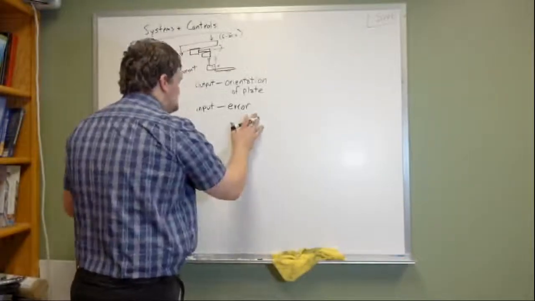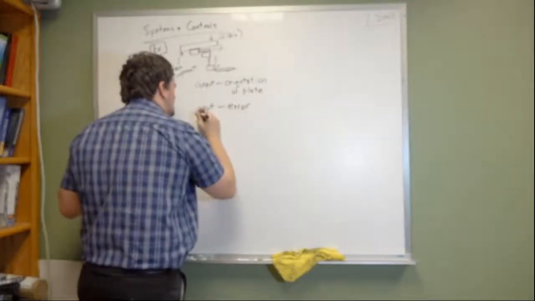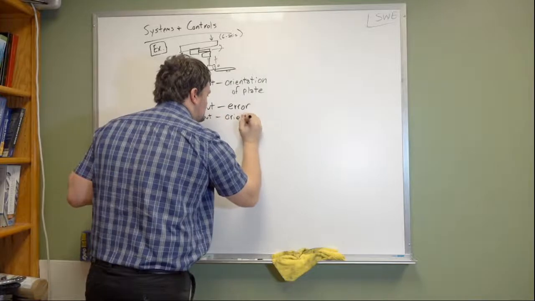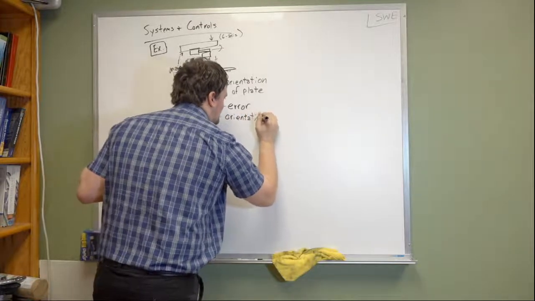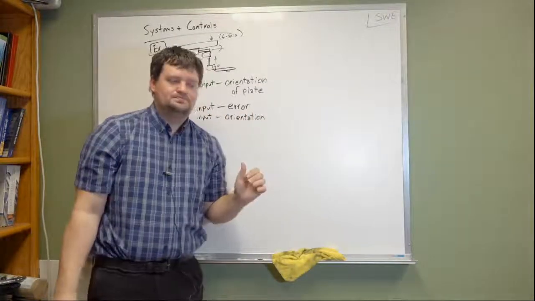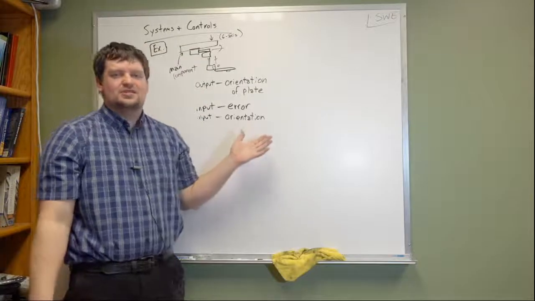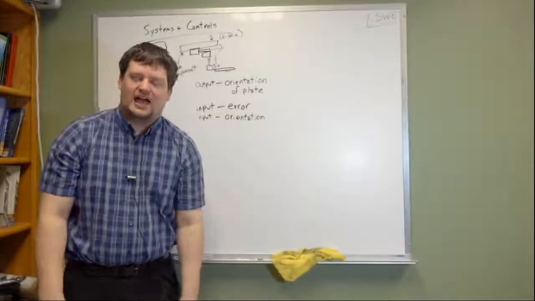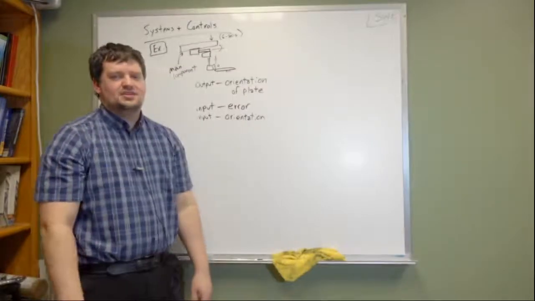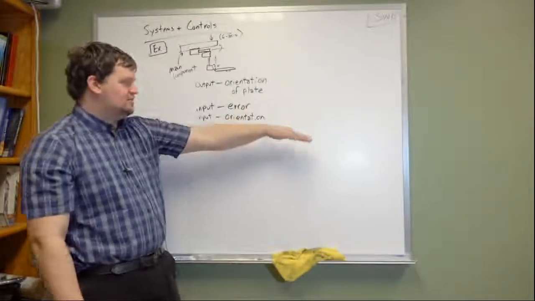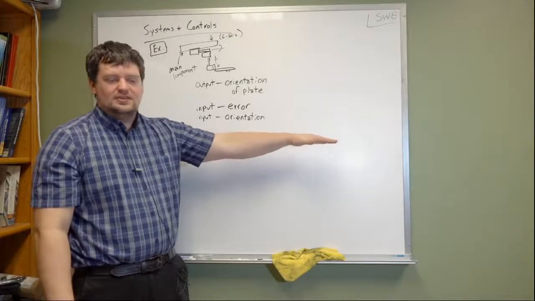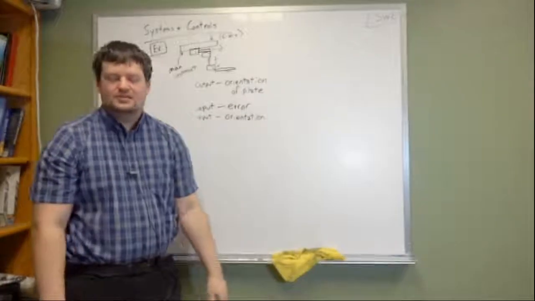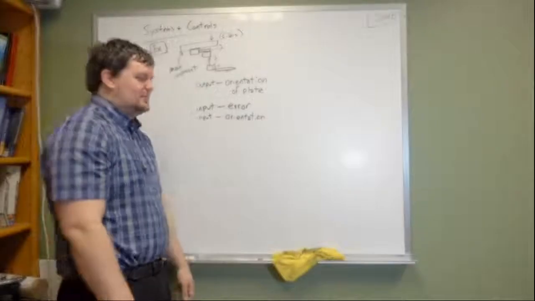So not only is there an input of error, but there's also an input of here's what I want the orientation to be. This is a data value. How do you communicate orientation? Well, I say I want it to be flat. The word flat implies I want it to be this in the x-axis, this in the y-axis, this in the z-axis. That's what flat means.